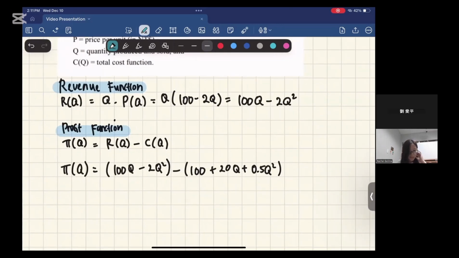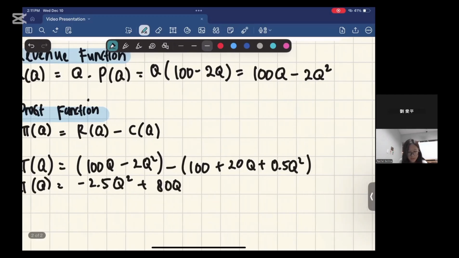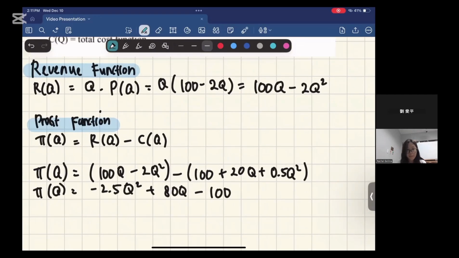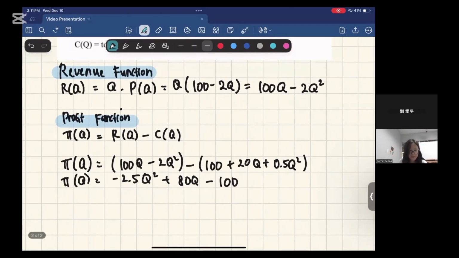And then we simplify it, and that equals negative 2.5Q squared plus 80Q minus 100. And okay, we have found the profit function.